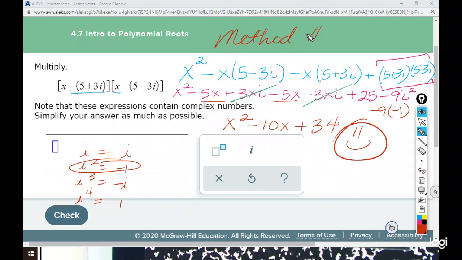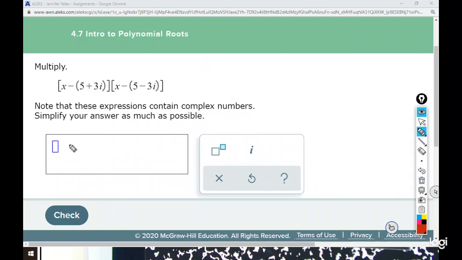Okay, that was method number 1. Totally used FOIL. Some people really like that way. Other people, you're still mad at me because we just did it and you hated it. Here's method 2. I'm going to take this negative and I'm going to distribute it. So that means I could have x minus 5 minus 3i.